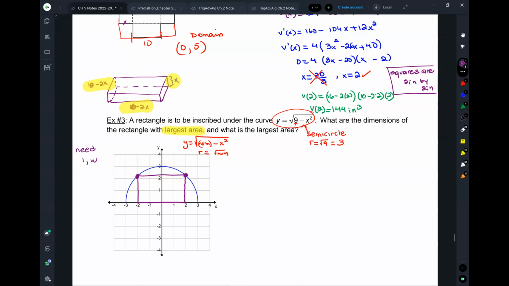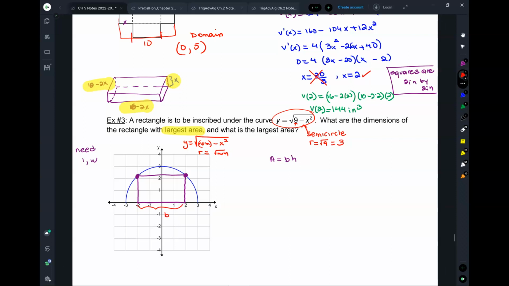So if the area has to be a maximum, then now I need to figure out an equation for the area of the rectangle. Well, luckily we know how to find the area of a rectangle. It's base times height. So let's figure out what the base of this rectangle is. This is the base of the rectangle.